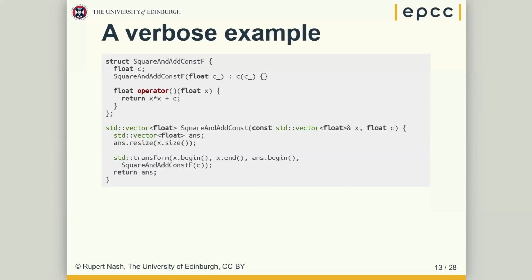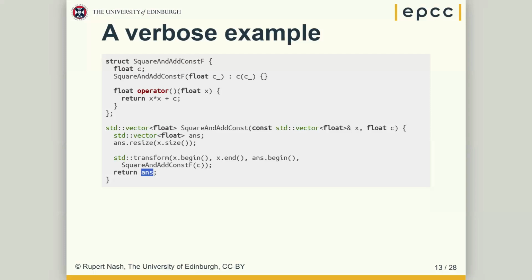So what we'd probably like to do instead is have something that's a bit closer. Let's take this example where we're trying to do a square-and-add-a-constant type functionality and use it in some form of transformation. I've got some function that squares and adds a constant, which is what I've defined, and I'm going to pass some vector in, and I'm going to pass the constant in, and it's going to return this updated vector with an answer.